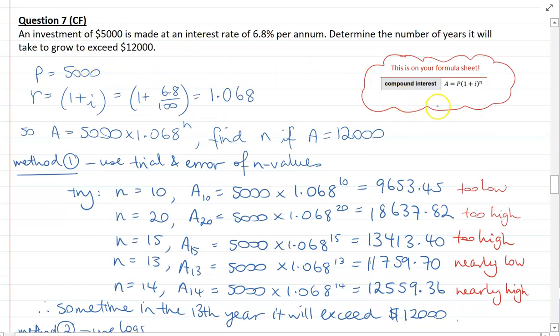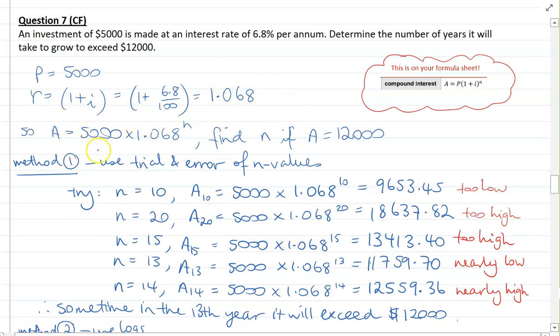From your compound interest formula on your formula sheet, we know that our principal amount is $5,000. Our R value is this 1 plus I in brackets here. So if I take the 6.8%, I should have that R value of 1.068.